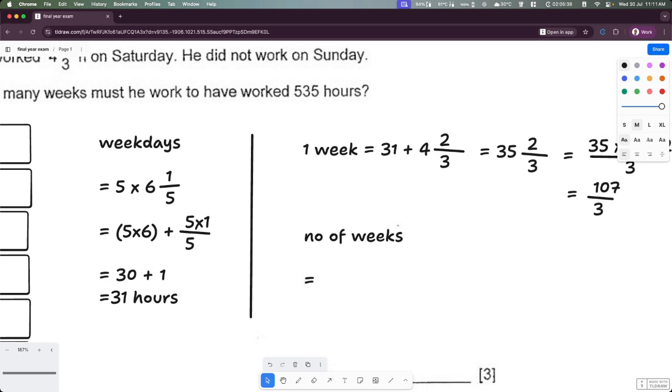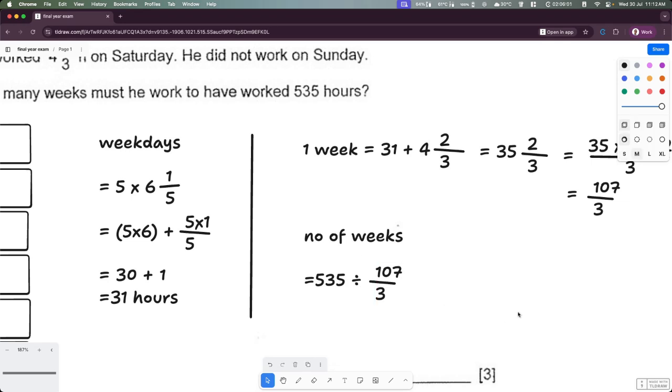I'm going to put this in a new line. 535 divided by 107 out of 3, like this. Okay, so what would this give us? Okay, so basically 1 week is 107 out of 3.